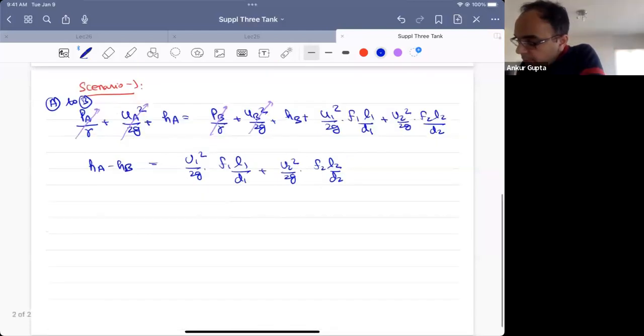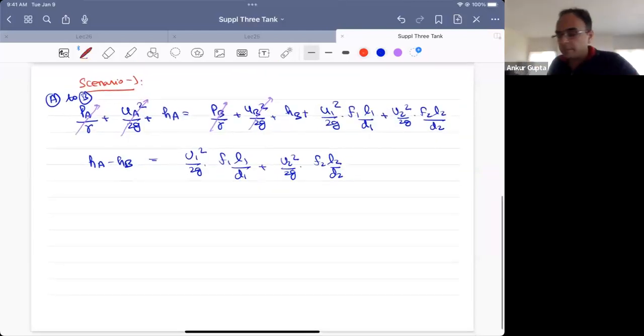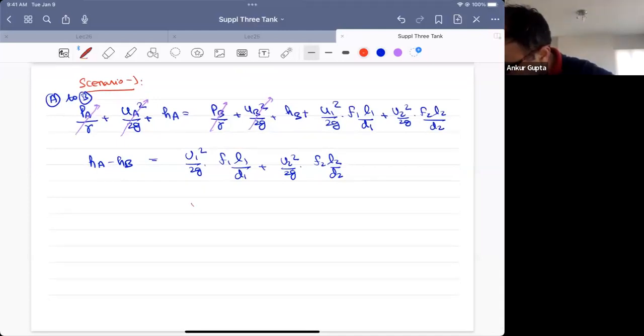Now, before I go further, note that these are all laminar pipes. So I can say f1 is 64 by Re1, and this is equal to 64 by rho U1 D1 by mu1. So mu1 goes on top.